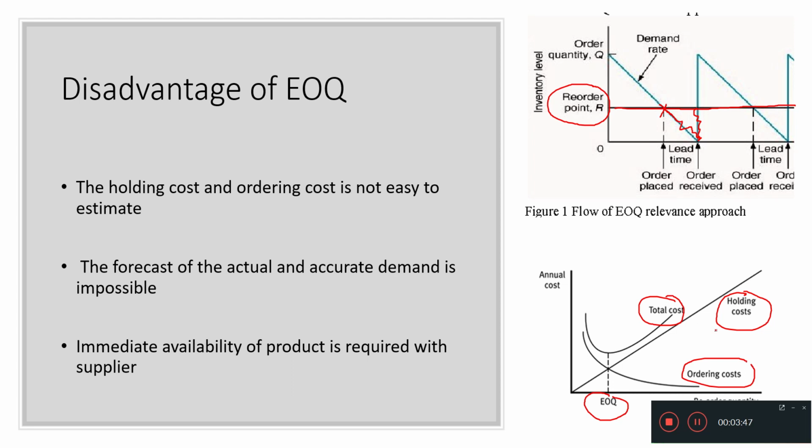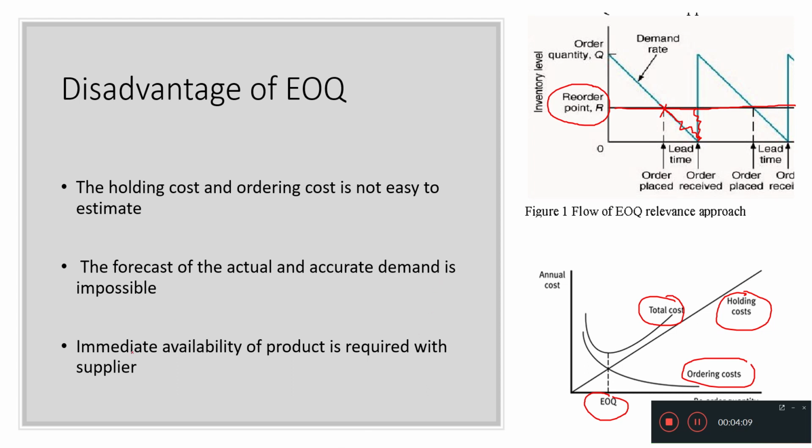However, the instability of holding costs and ordering costs will affect EOQ by a lot, and time after time the EOQ will be not accurate, and the customer will be dissatisfied.